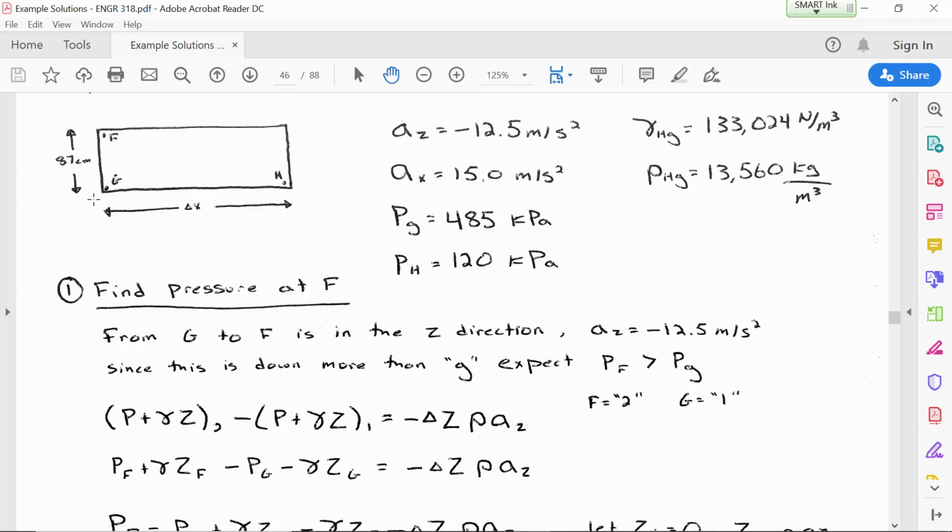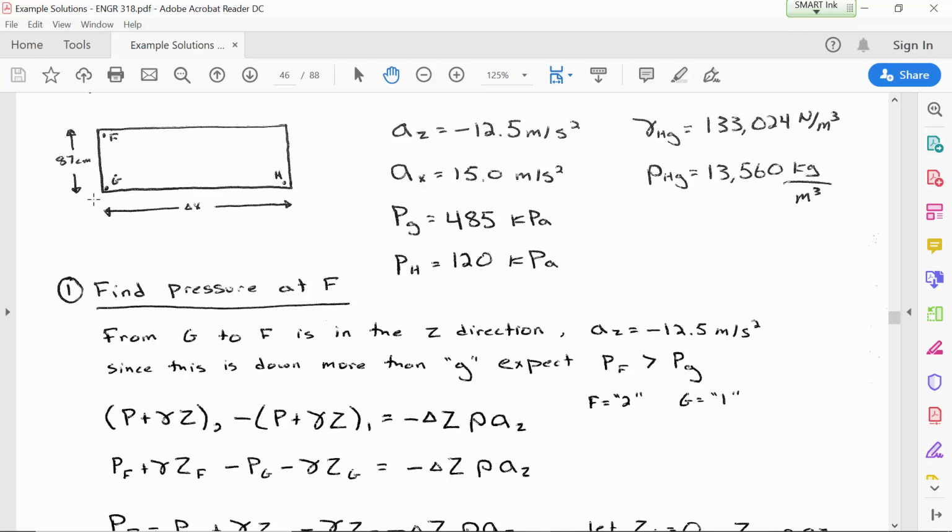Now, we know it. It's 1.79 meters, so let me just write that. 1.79 meters is the distance here. And what was the vertical distance? 0.87 meters. All right. So I've told you before, you can't go straight from F to H.